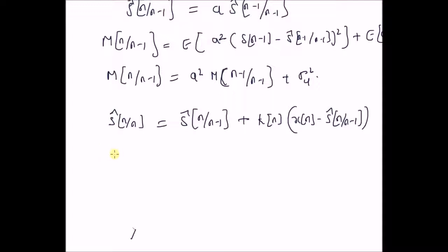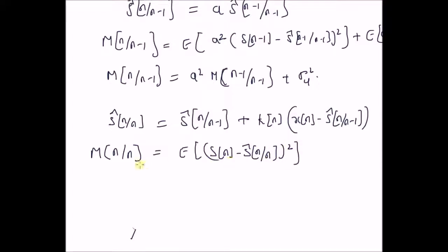Now finally let us derive the recursive expression for the updated error or the posterior error, which is m of n given n, which by definition is equal to expectation of s of n minus s hat of n given n whole square.